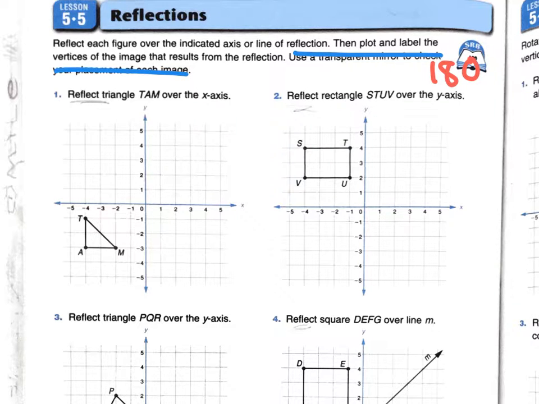All right, so looking right now, we need to reflect this triangle TAM over the x-axis. Now this is important because if I didn't know that, I could reflect it over the y-axis, which I don't want to do. So we need to reflect it over the x-axis. So here's how we're going to do that today.